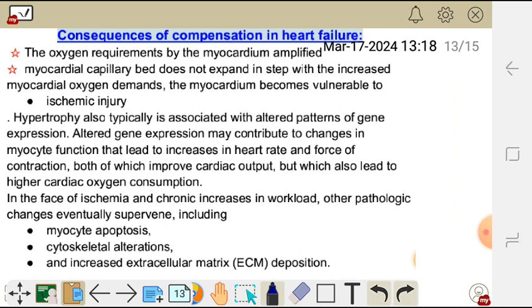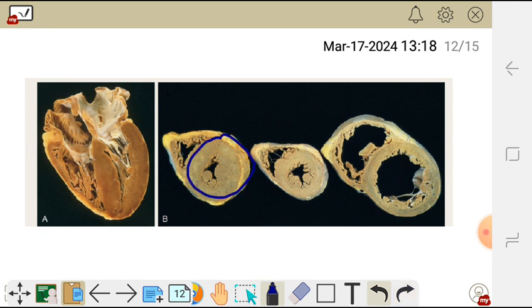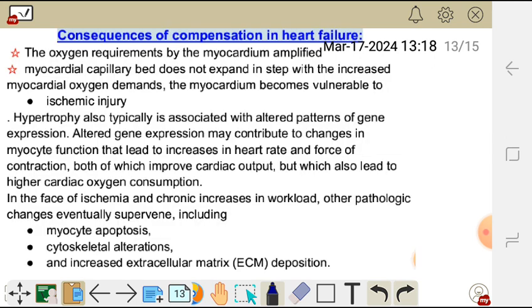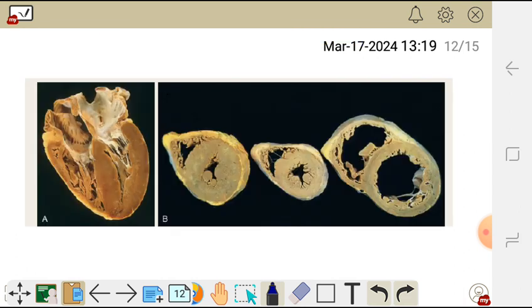Now, what are some of the consequences of compensations? Okay, so the consequence is that oxygen requirement by the myocardium will be amplified. So if we have muscle thickness here, meaning the size of the myocardium is increasing, the demand for oxygen also increases. Why? Because as the mass is increasing, the thickness is increasing, the capillaries in pathological conditions are not accompanied by that increase.